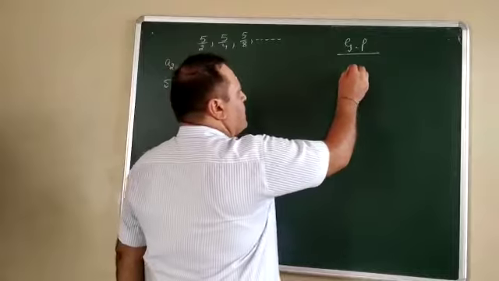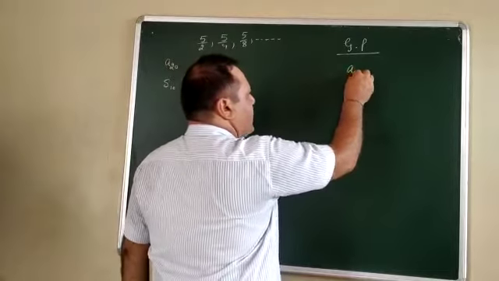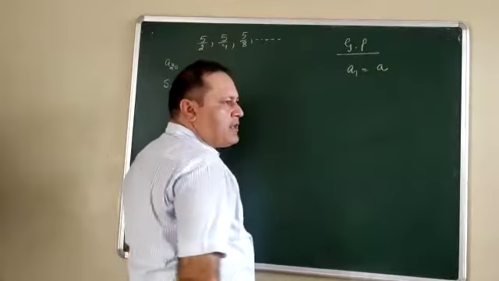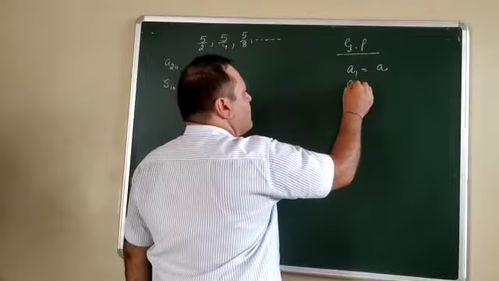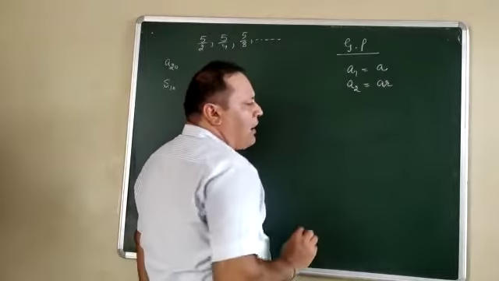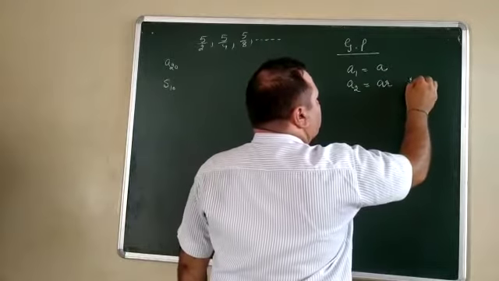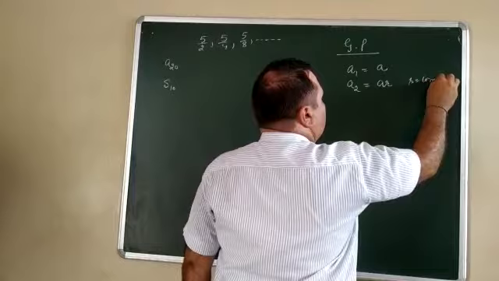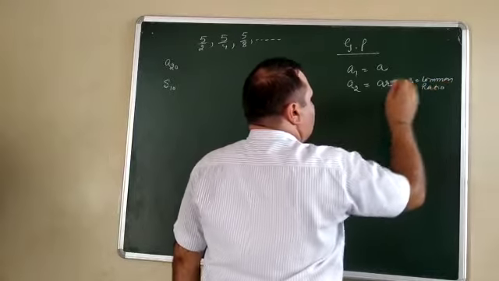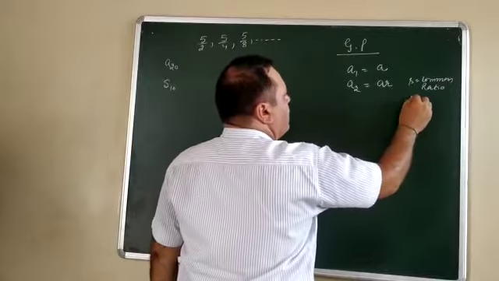See this one. The first term is represented by a1 equals a, where a indicates the first term. The second term, represented by a2, equals a into r, where r is the common ratio. And how can we calculate the common ratio?